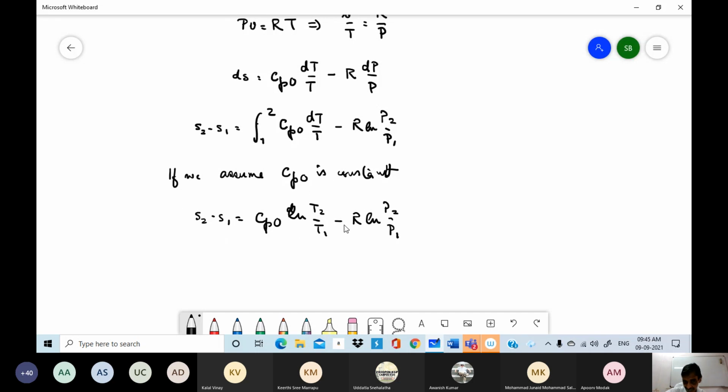Earlier we had in terms of temperature and specific volume. This is in terms of temperature and pressure.